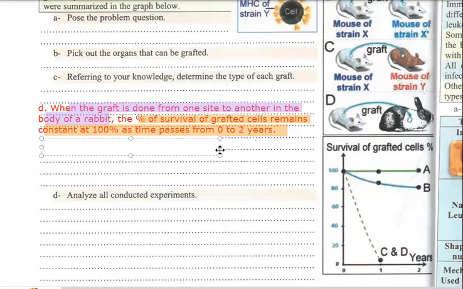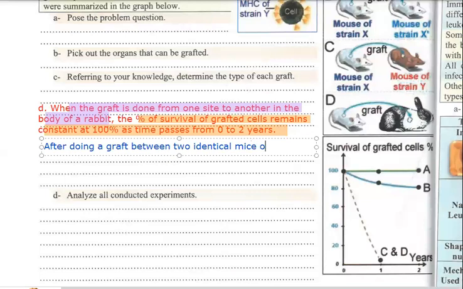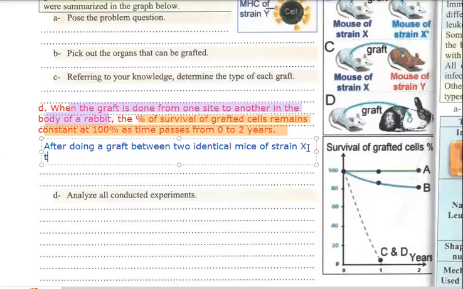After doing a graft between two identical mice of strain X, this is what we did. What were the results?